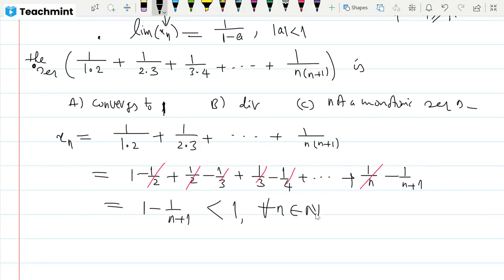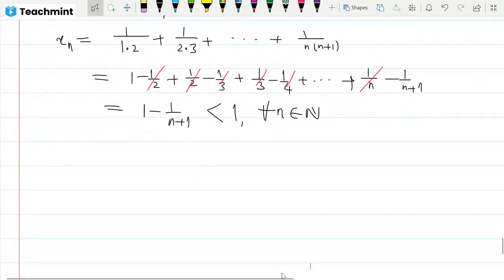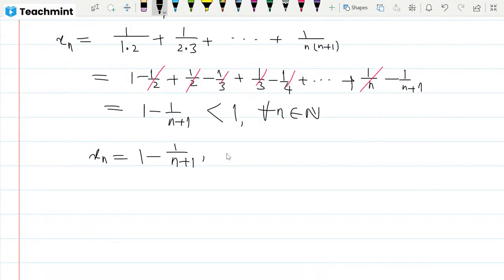So therefore this sequence is a bounded sequence, and we can talk about the increasingness of the sequence. So xn equals 1 minus 1 by n plus 1. Then tell me what is xn plus 1. So this is 1 minus 1 by n plus 2. Now calculate this difference for monotonicity.